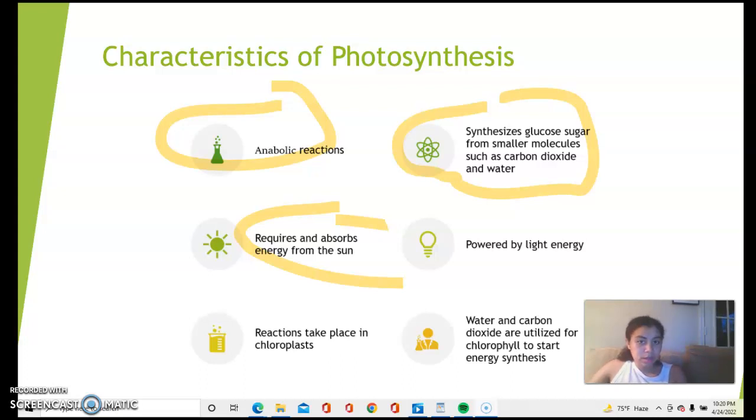Photosynthesis, of course, is powered by light energy, and most of the anabolic reactions will take place in the chloroplasts.